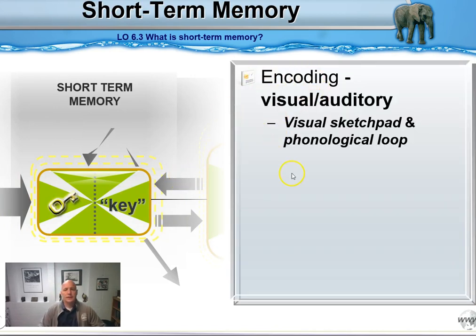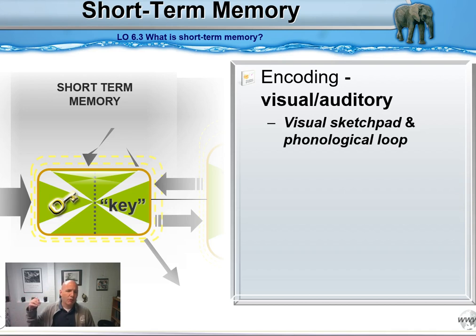So this encoding process that takes place in short-term memory, you could think of as a visual and auditory sketch pad. Think of sticky notes. What is a sticky note? It is a short-term visual sketch pad. You write something to think of, and then you throw it away.